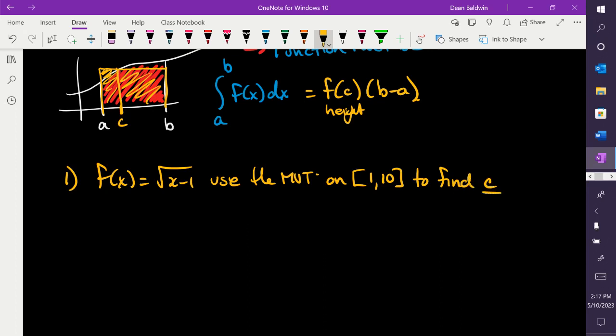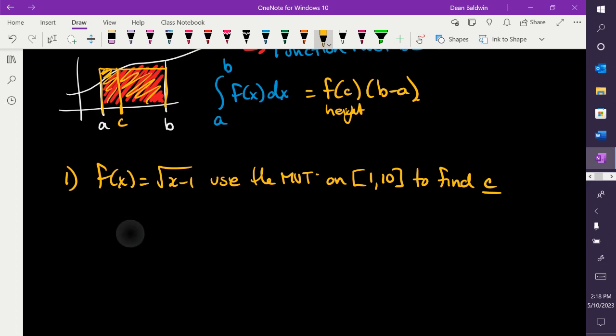MVT, mean value theorem. You say meat? Use the meat theorem to find c.